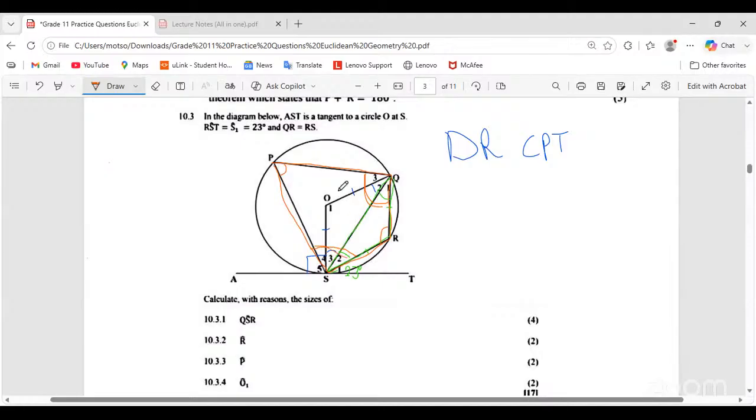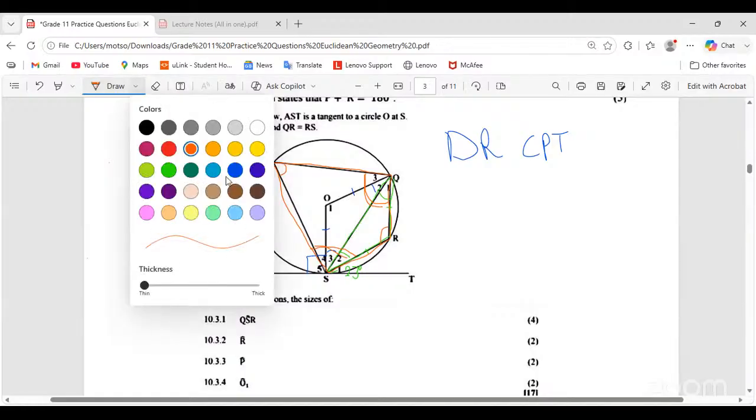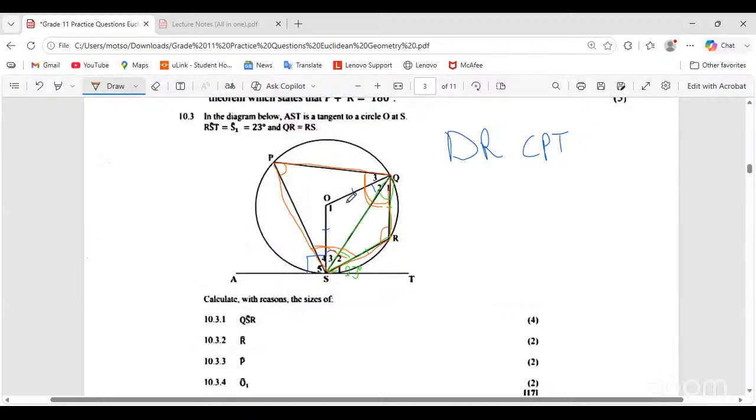We are done with the C. We go for P, parallel lines. There are no parallel lines here, so we proceed to the next one. T, the tangent. There is a tangent and there is a triangle, therefore we can use a tan chord.